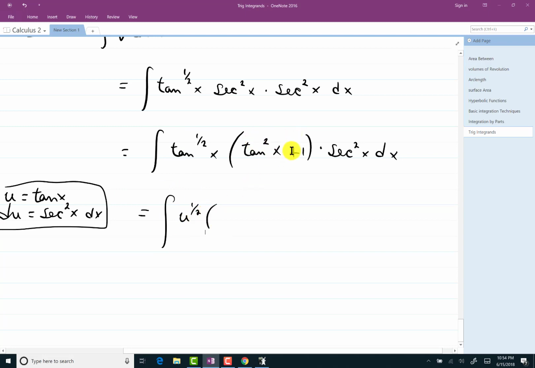This will be u squared plus 1. And then this is du. Now all I got to do is multiply out and then finish it off. U to the 1/2 times u to the 2 is u to the 5/2. And then I'll have plus u to the 1/2.